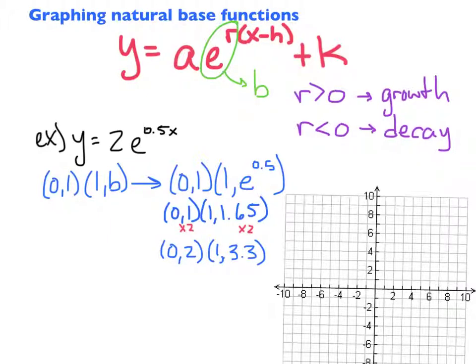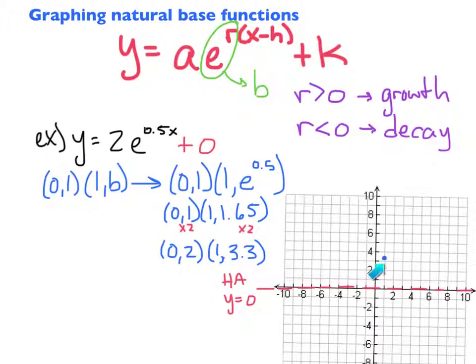Did the asymptote get shifted? No, because there's no k; it's plus 0, so it didn't shift up or down. So I have this horizontal asymptote at y equals 0. I can plot my points 0, 2 and 1, 3.3. I knew it was growth, and this has to be growth.